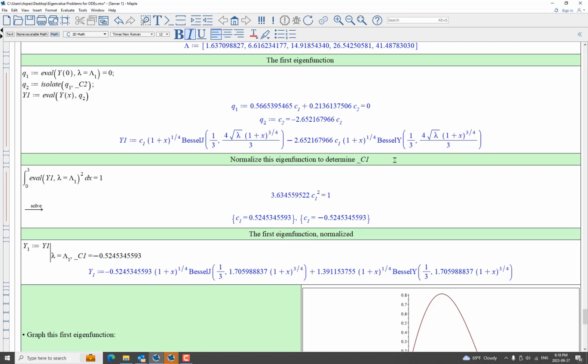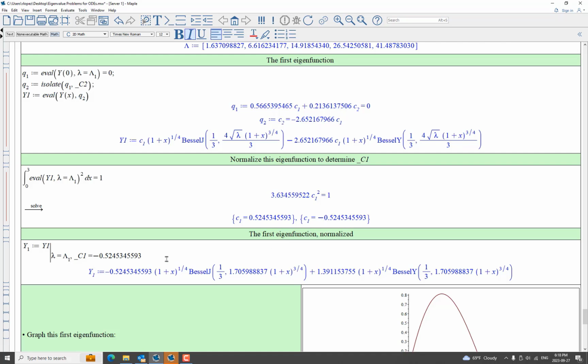Now, instead of just setting C1 arbitrarily equal to 1, I said, let me try normalizing it L2 style. So I put lambda equals lambda 1 into y1. That's this guy. Square and integrate. Set that equal to 1, and I solve for the values of C1.